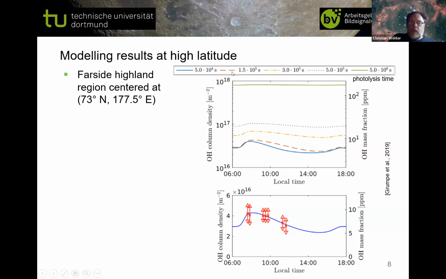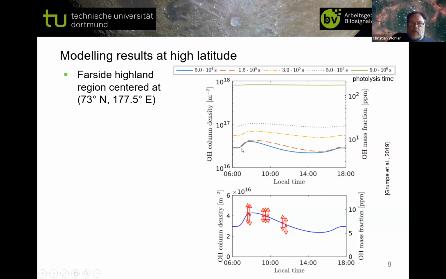The minimum value is 5 by 10 to the 4 seconds, which is the gas phase photolysis time of hydroxyl given by Hübner and Mukherjee in the 2013 overview paper.